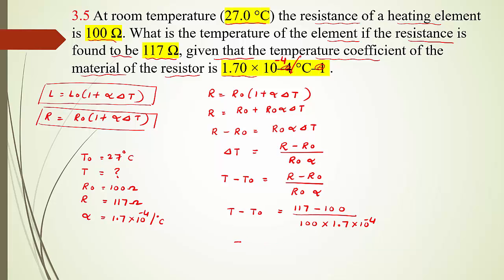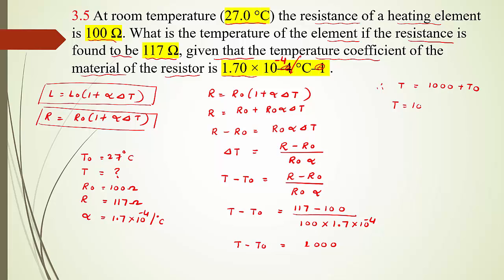So calculate this value, we will get T minus T naught is equal to 1000. You can calculate these value, you will get how much? 1000. So therefore T is equal to 1000 plus T naught. T naught we can take to RHS side, it will become plus T naught.